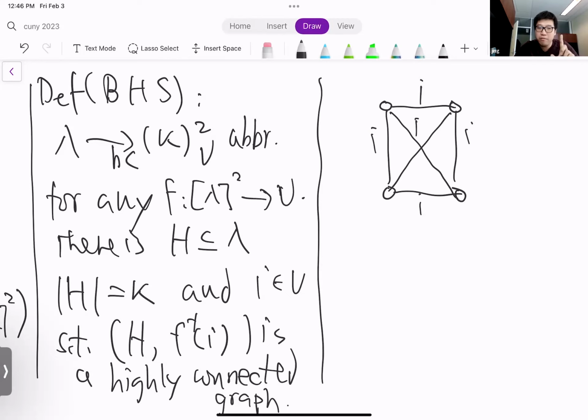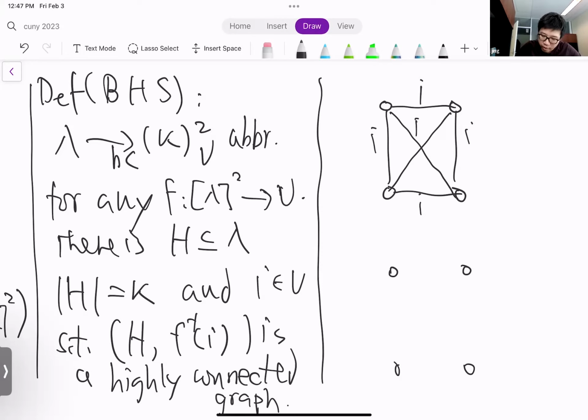Now, roughly speaking, this new partition relation is asserting the existence of the following. You want to have still 4 vertices, except that they're not necessarily a clique. But again, between any 2 vertices, there's some connection between them.